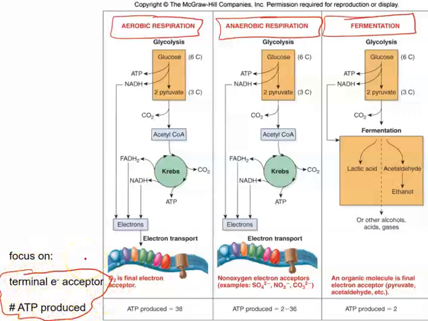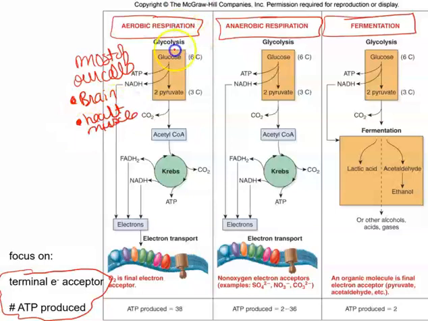So in aerobic respiration, which is most of our cells, but most especially brain and heart muscle, we will run glycolysis, TCA cycle, and then electron transport chain.